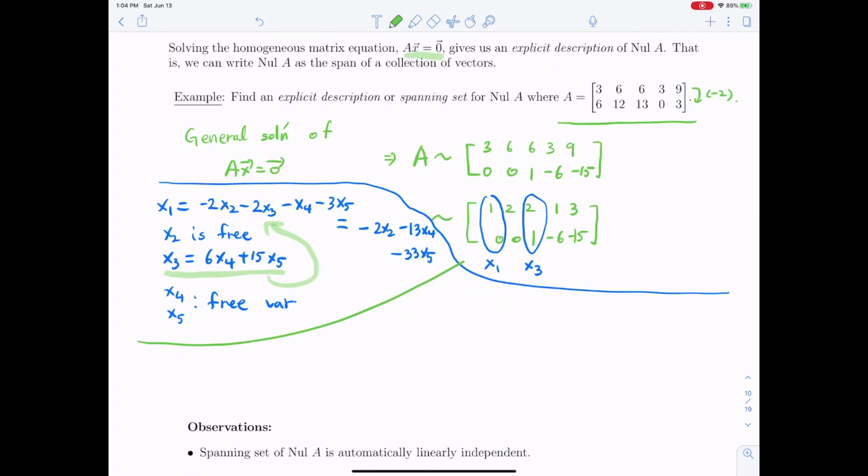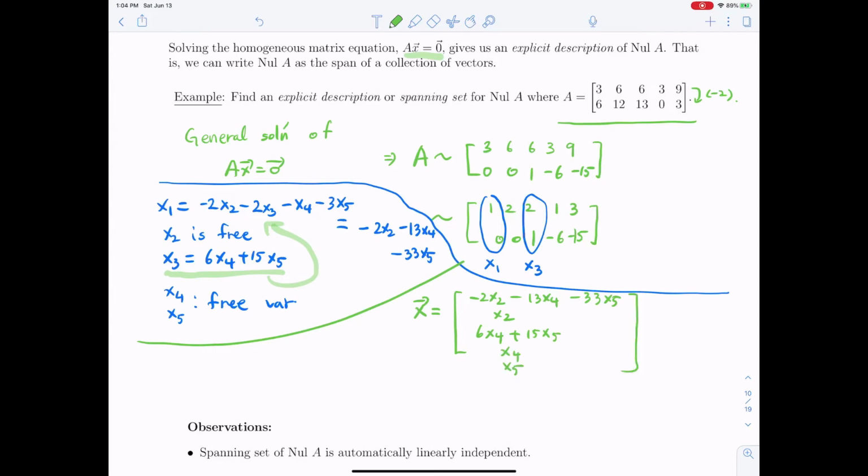So from here, we can write the solution vector x as negative 2x2 minus 13x4 minus 33x5, x2, 6x4 plus 15x5, x4, and x5.